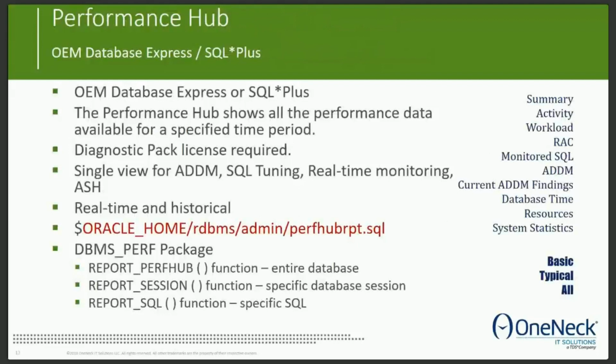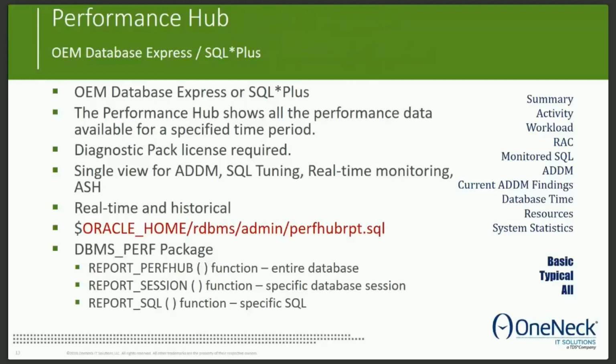Performance Hub, I believe, is available from 11gR2. This is something really nice. Basically, Performance Hub shows the performance of the database as if you are looking into the live database using OEM, so the interface is similar to OEM.